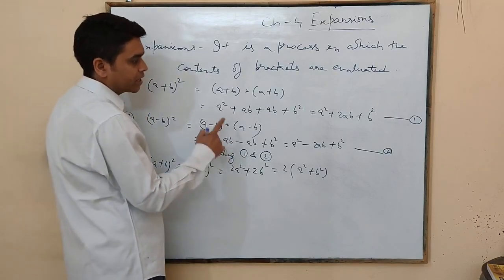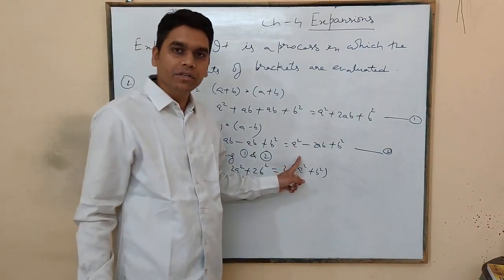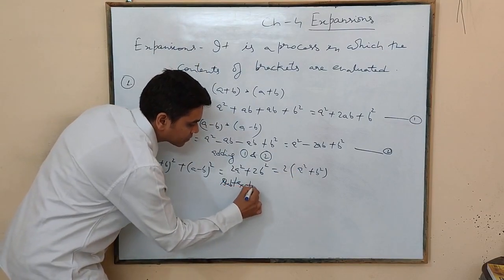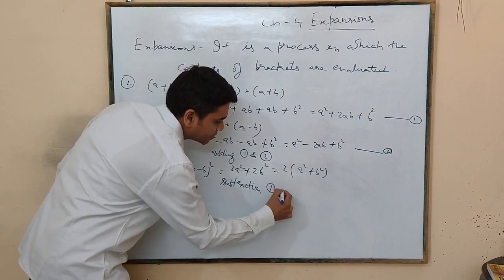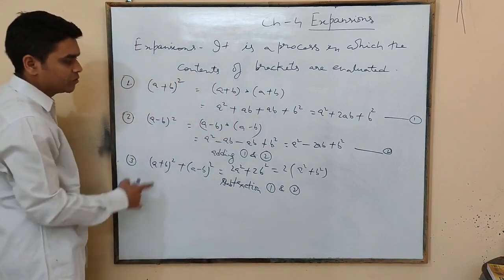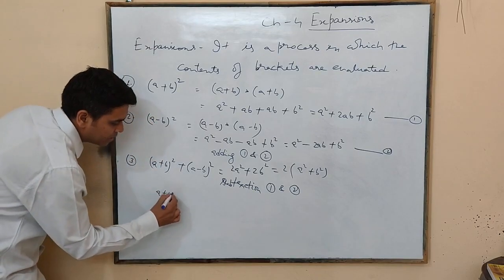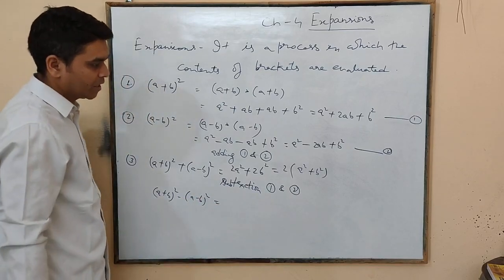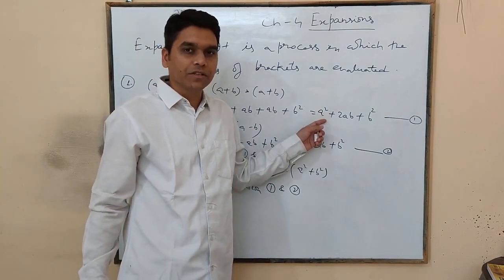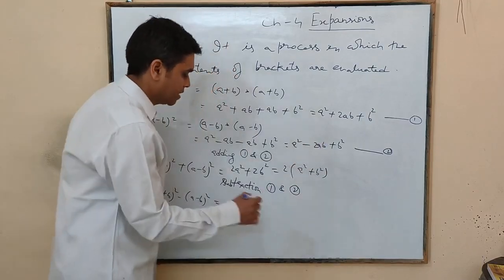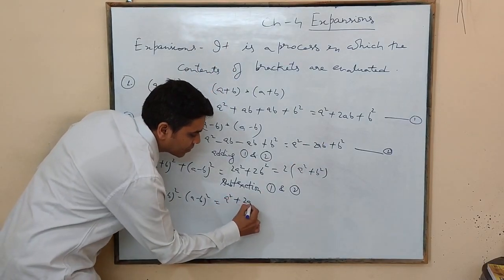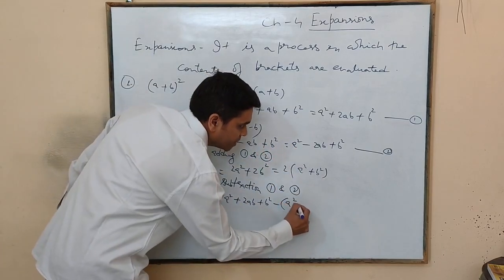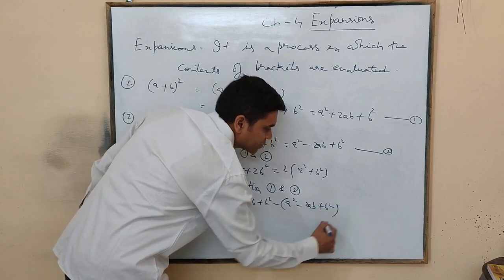Now subtract equation 1 and equation 2. Now check one more formula. a plus b whole square minus a minus b whole square. If we are subtracting equation 1 minus equation 2, check here. This is a square plus 2ab plus b square minus a square minus 2ab plus b square.